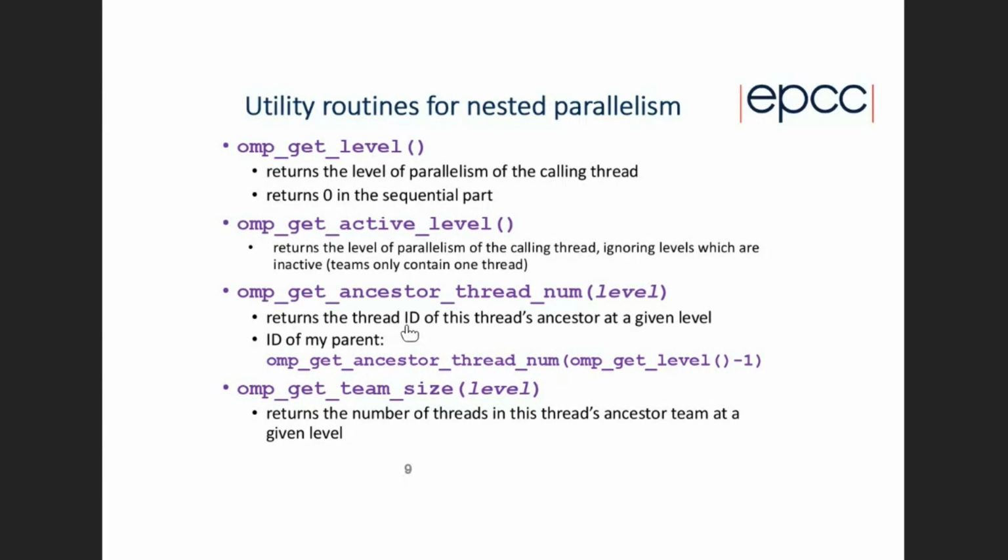I think if you're in the master thread and you call get ancestor thread num at level 0, you'll just get 0 back again. But I'm not sure about that. I think if you call get ancestor thread num at your own level, then you just get your thread ID back again.